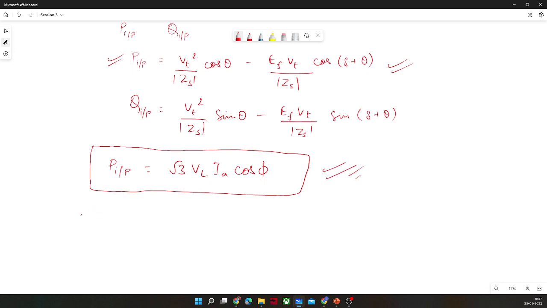Now, I will calculate IA here because power factor is given, terminal voltage is given, input power is given. IA is equal to P input divided by root 3 VL cos phi.